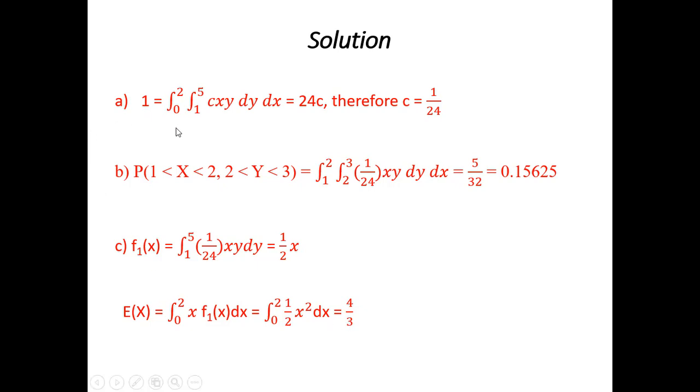So we set up, let's say, 1 is equal to the integral here. x goes from 0 to 2, y goes from 1 to 5, c times xy dy dx. So I'm integrating with respect to y. When I first go through here, we would have c times x times y squared over 2, y varies from 1 to 5.